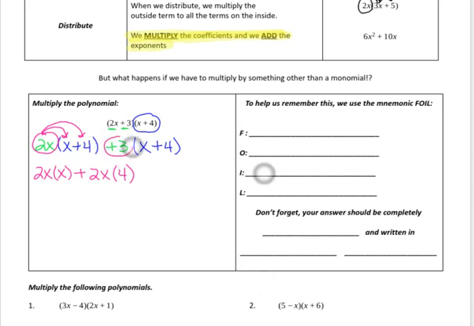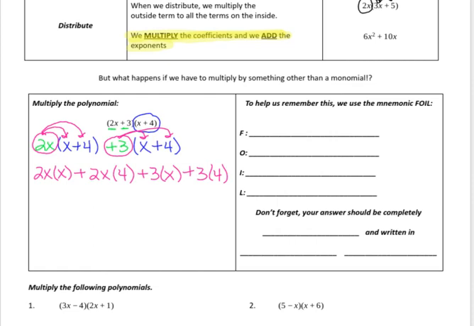And then I can take this plus 3 and distribute it as well. So I get plus 3 times x and plus 3 times 4. So really what I did is I took each of those pieces and ended up just multiplying all of them, right? I did 2x times x, 2x times 4, 3 times x, 3 times 4.